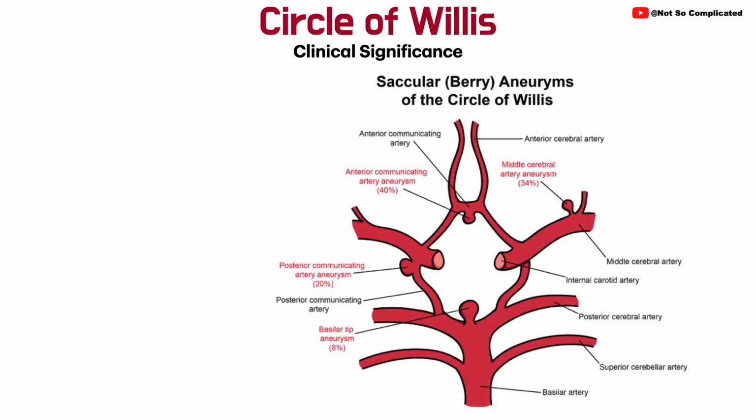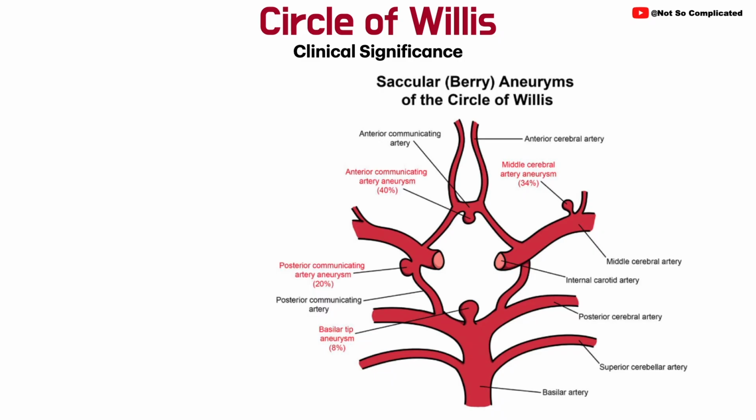The berry aneurysm usually arises at the branches, at the bifurcation points. The most common site is the anterior communicating artery, about 40%, followed by middle cerebral artery aneurysm, about 34%, and posterior communicating artery aneurysm, and basilar tip aneurysm.